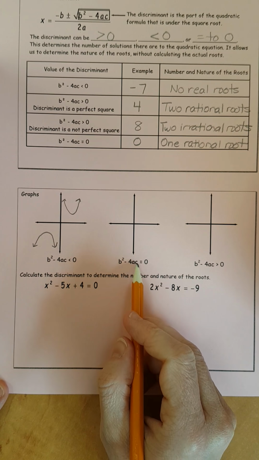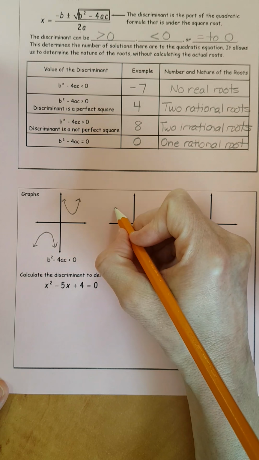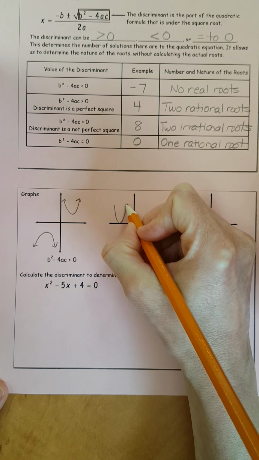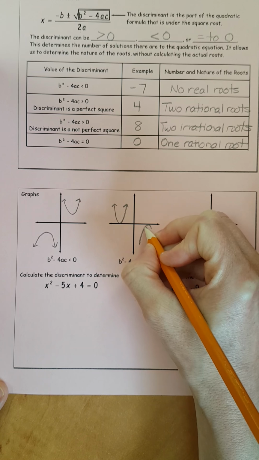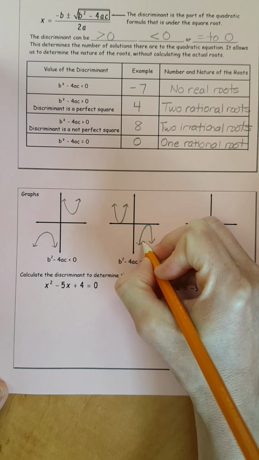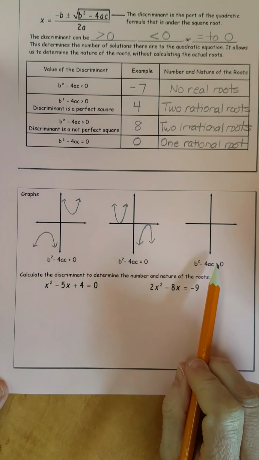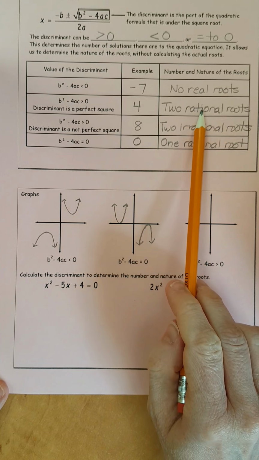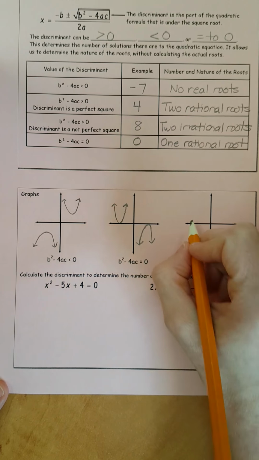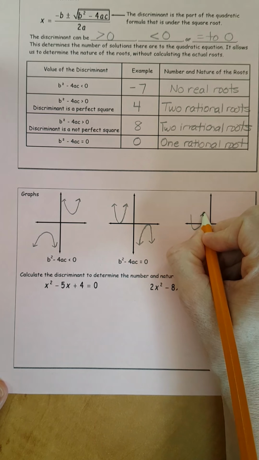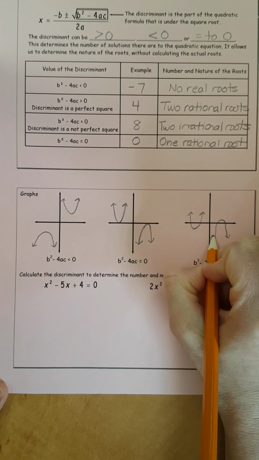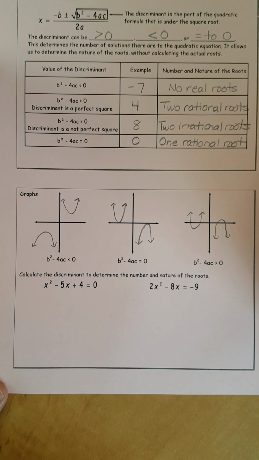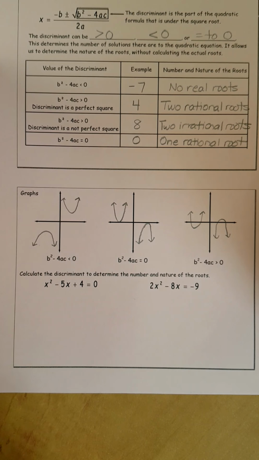If it's equal to 0, the only solution it could possibly have is if its vertex was on the x-axis. And if it's greater than 0, we know it has 2 roots, so it would have 2 x-intercepts, because those, again, are our solutions.